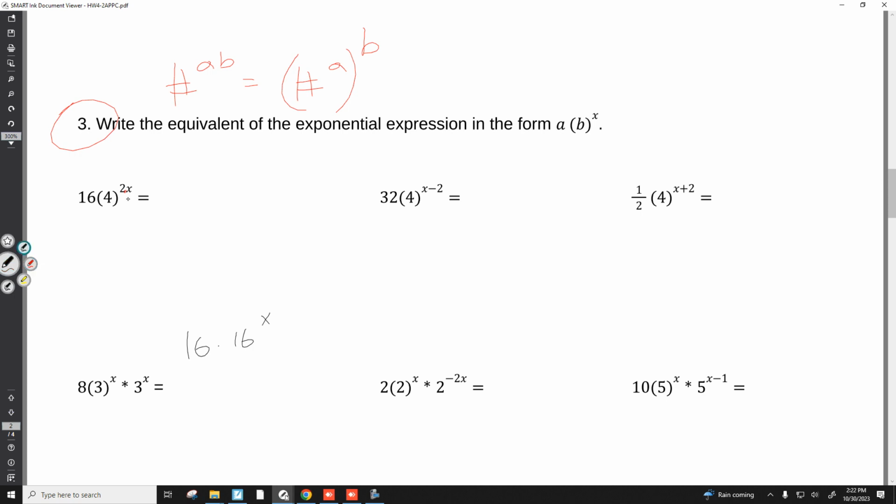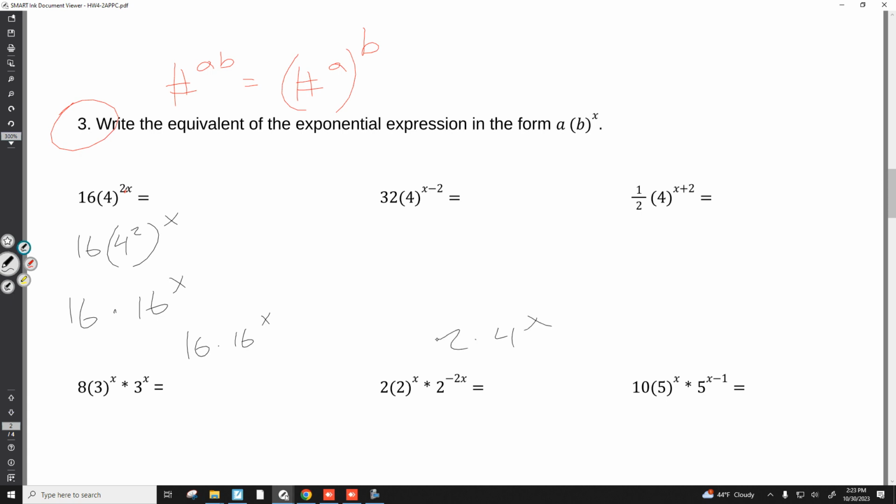Since it's 2 times x, I would write this as 4 squared to the x. 4 squared is 16. That's how I get 16. That first number did not change. All that changed is the base went from a 4 to a 16. So, boom, the answer to the first one. Second one, the answer is 2 times 4 to the x.